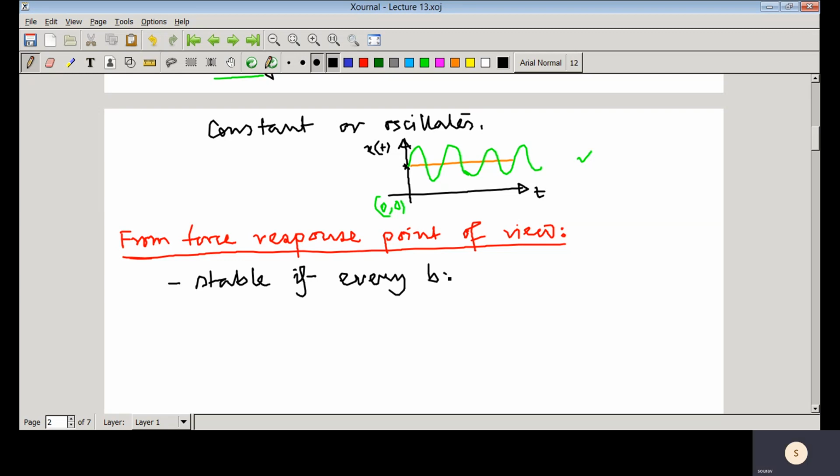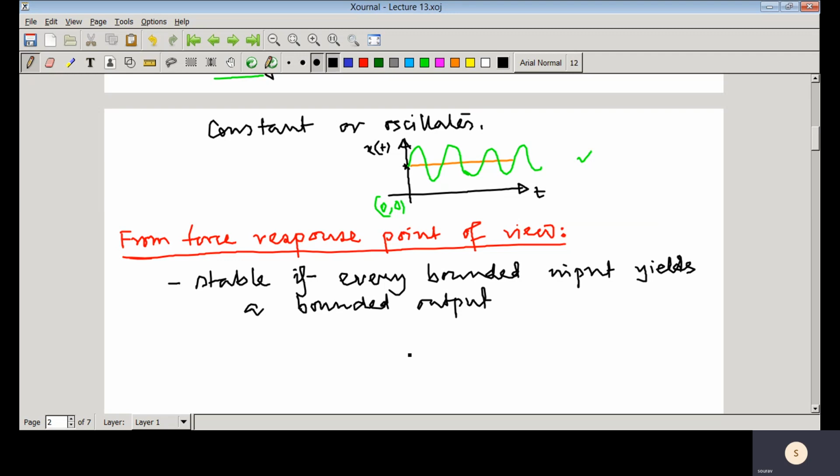So this is very important. That means whenever we apply a bounded input to that system, the system would show a bounded response.